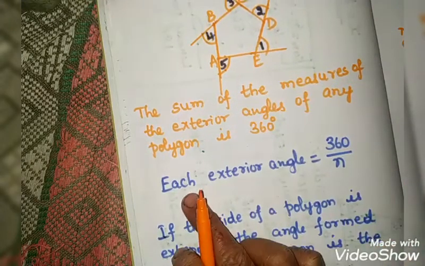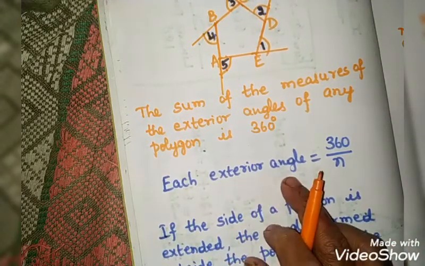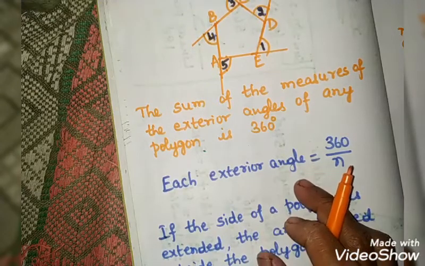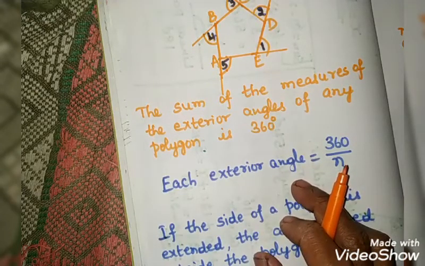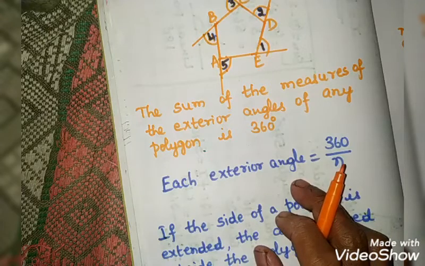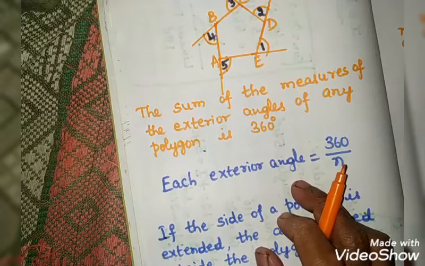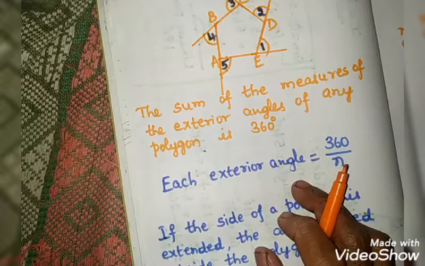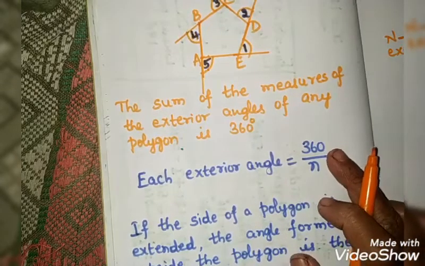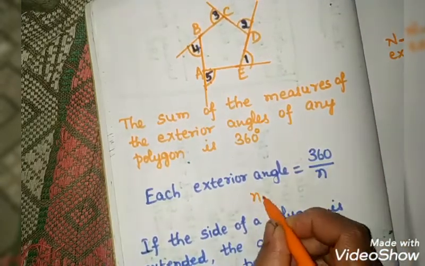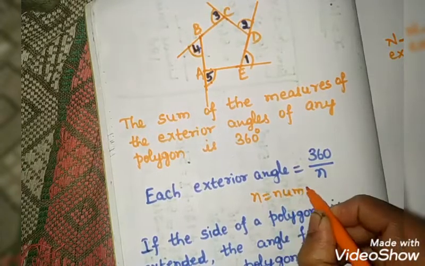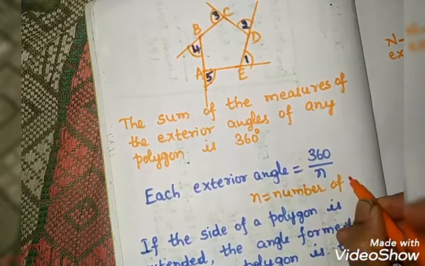But remember, children, each exterior angle is given by a formula. Each exterior angle means a single one. Only one exterior angle, how much is it equal to? It is given by the formula 360 divided by n. What is n equal to? n is the number of sides. What is meant by n here?